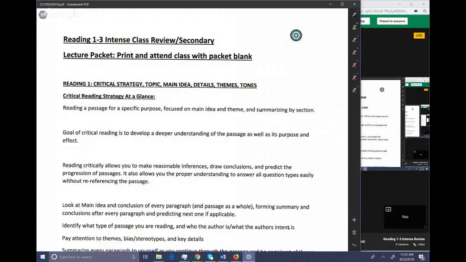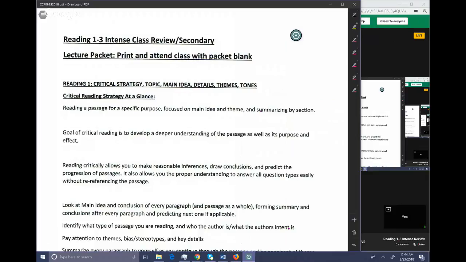So the idea behind this class is to focus in on all of that and get a streamlined version going, now that you've done the really intense lecture over those, where we really talked about what these things are and dove into how to find these answers, what to look for, and how to recognize it.